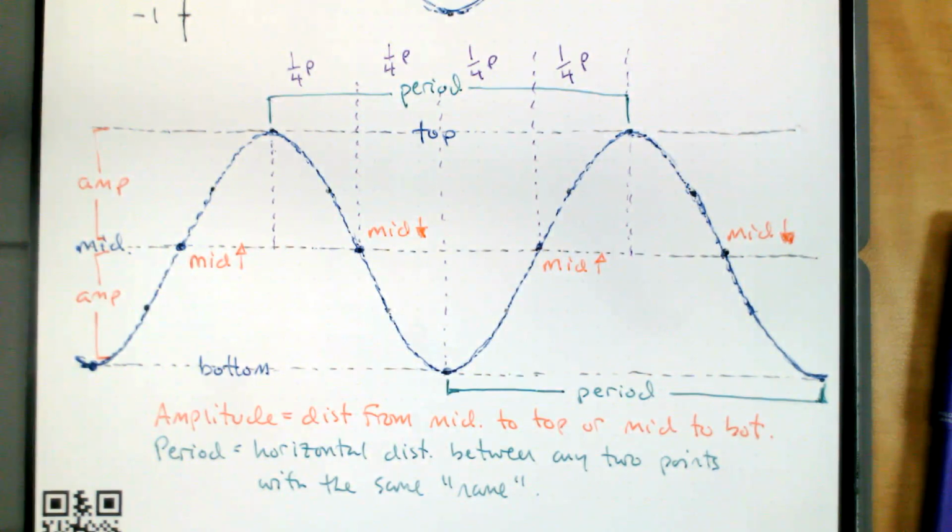Here's what we want to do. We know that the graph of, say, sine of theta has a period of 360 degrees and an amplitude of 1, because the top was at 1, the bottom was at -1, and it took 360 degrees to go all the way around the circle.